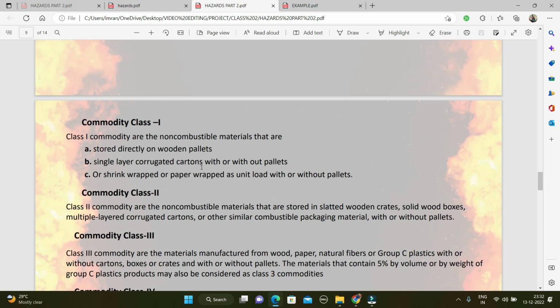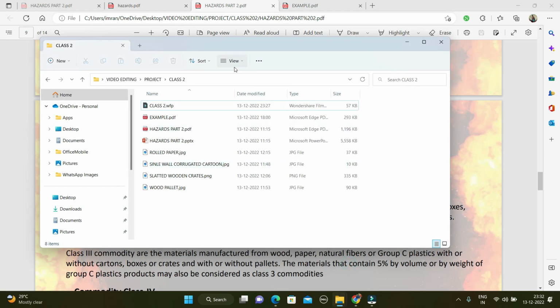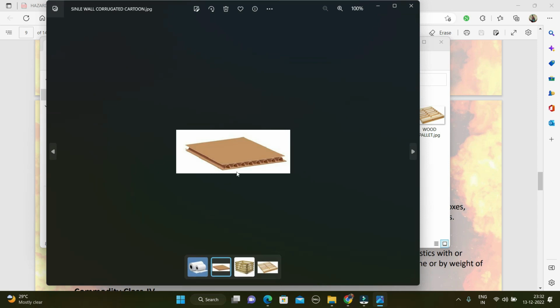And also single layer corrugated cartons with or without pallets. We know different types of cartons, but when the carton is single layer, we already know single layer cartons.